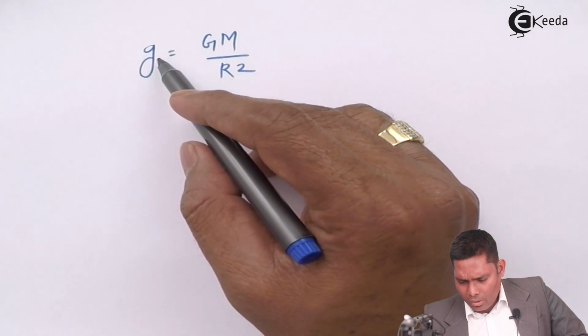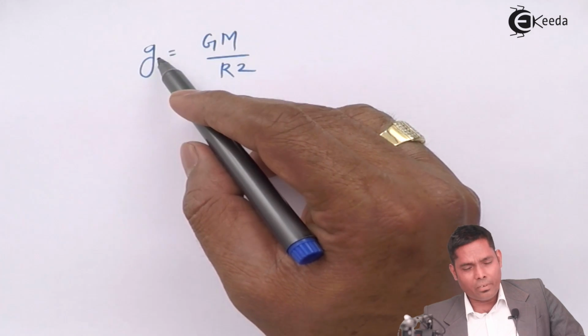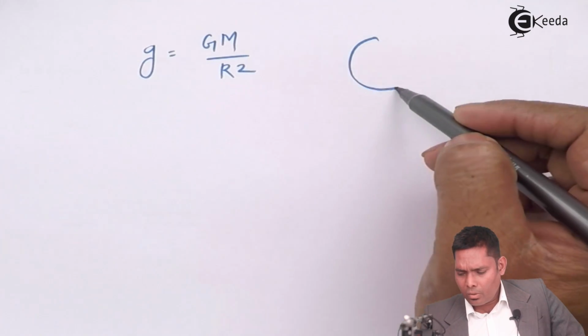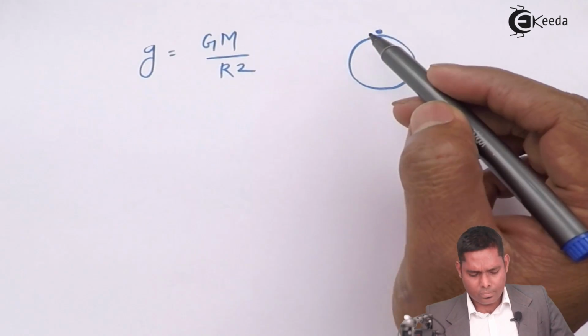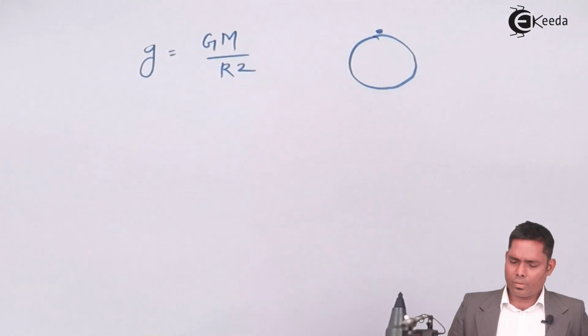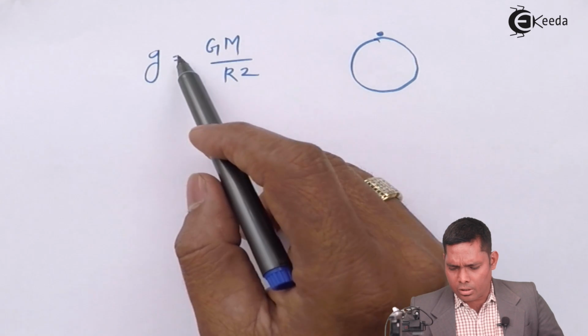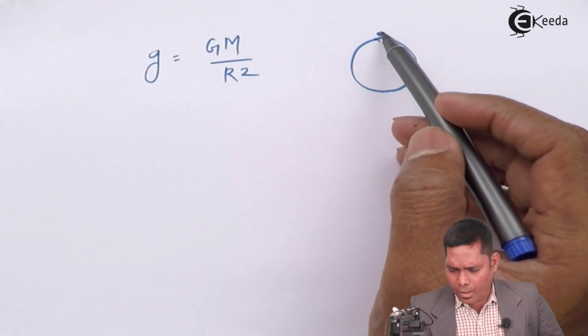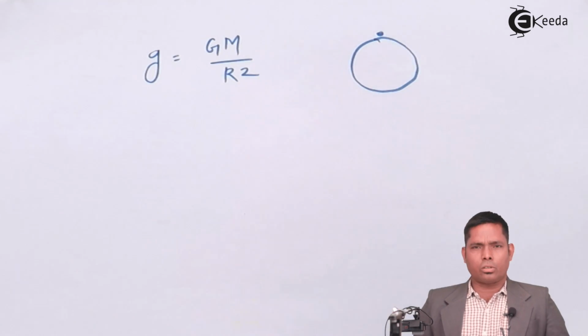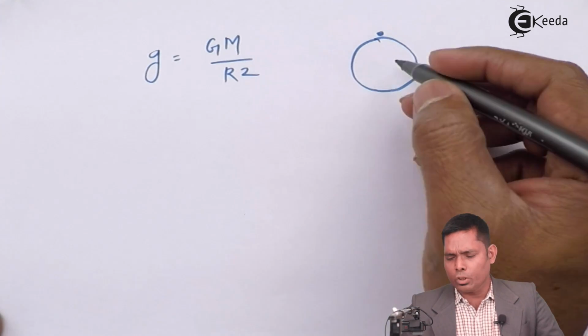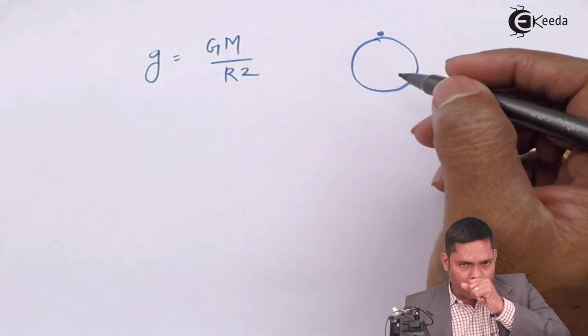This g is the acceleration due to gravity on the surface of the earth. Okay. So far we have discussed that g is GM upon r square, and this is the object which is on the surface of a planet.